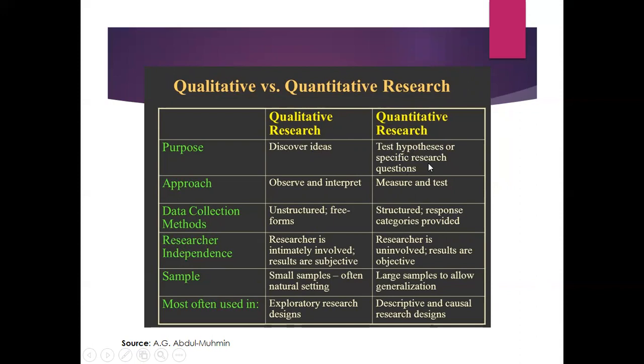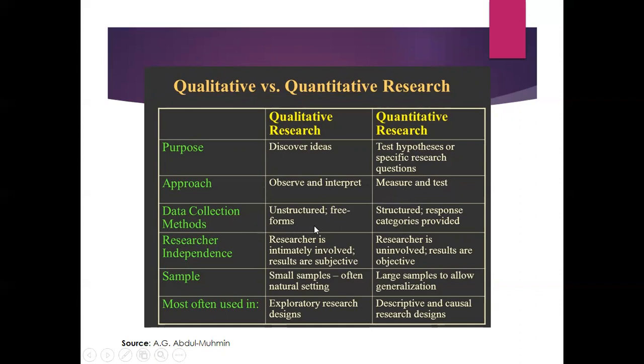All right, so as I had mentioned before, the qualitative would be more exploratory in nature when there's a new phenomenon you don't quite understand. So it's for discovering. The approach, qualitative, observe and interpret. So you're observing and interpreting, whereas quantitative, you already have a specific question you're measuring and testing.